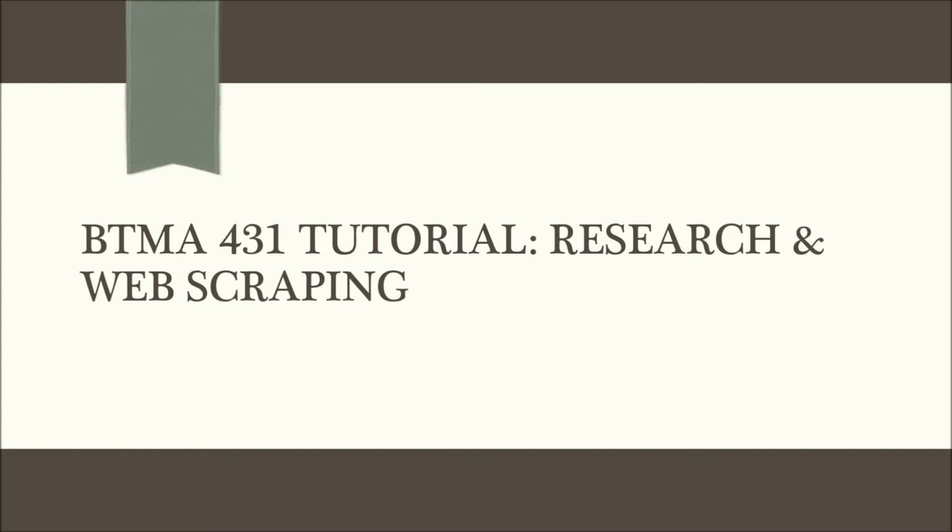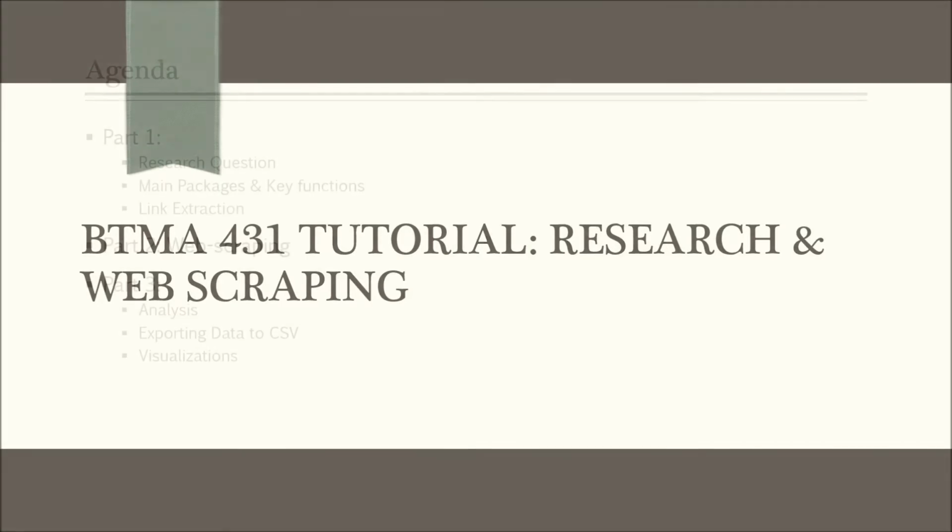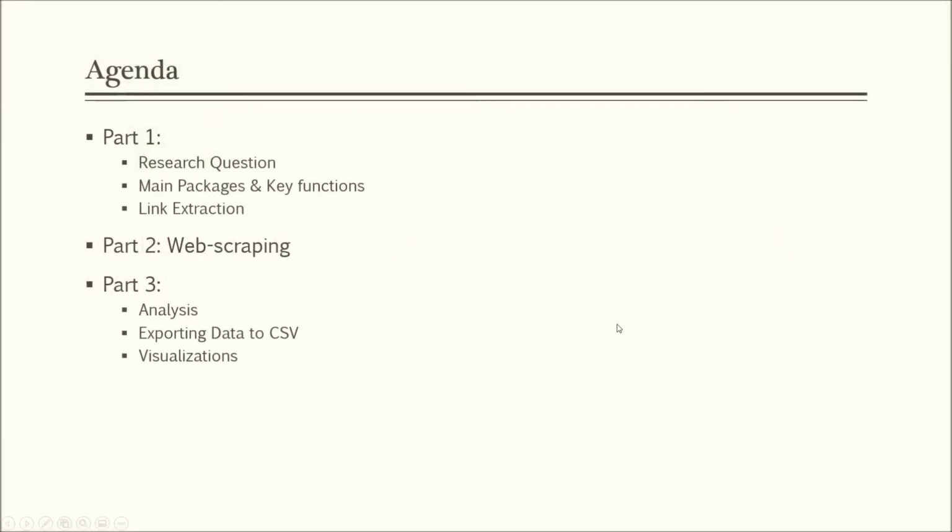And the web scraping process will primarily be focused on getting data from PDFs, which I'll cover mainly in the second part of this tutorial series. So the general agenda is that in part one, I'll go through my research question, the main packages and key functions you will use when working with PDFs in R, and the link extraction process I went through to get the PDF links.